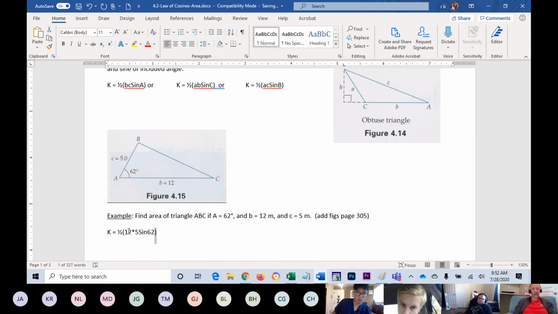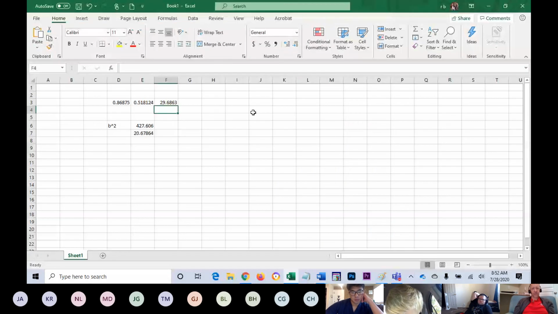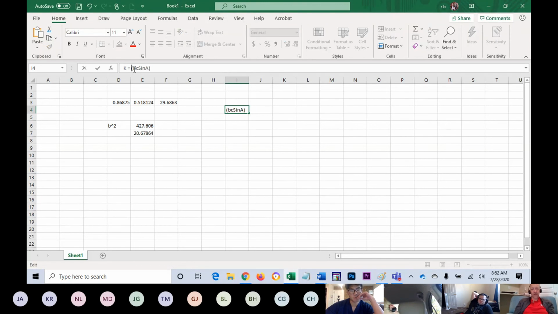Should we type that in just to make sure you've got it down? Yeah. Okay, so I'm going to change this to 0.5, and get rid of my K. I will multiply that times 12 times 5, and the sine of A was 62.